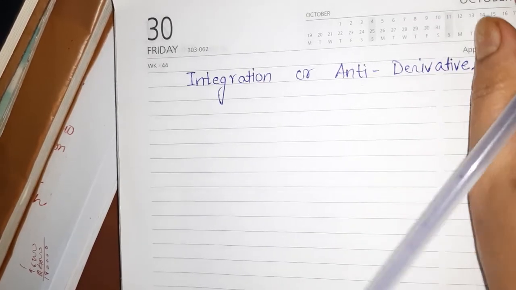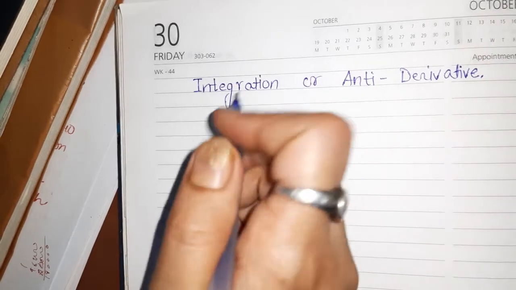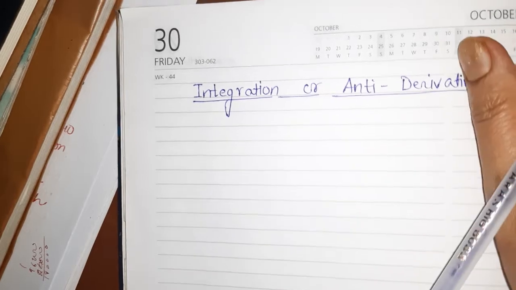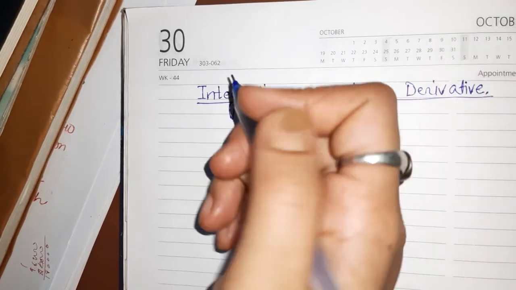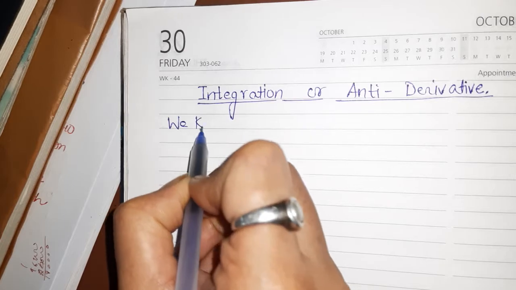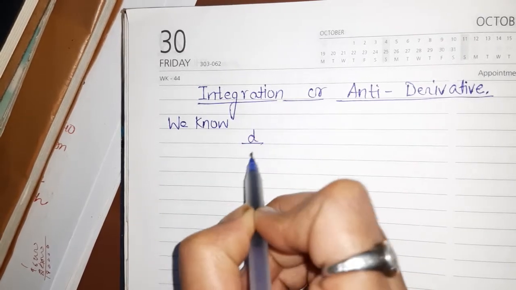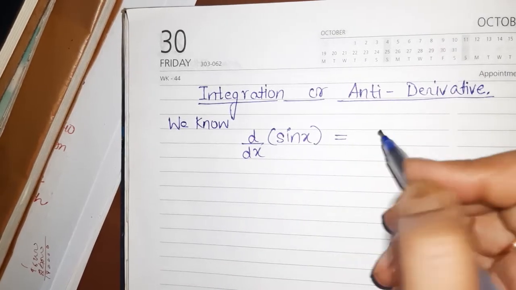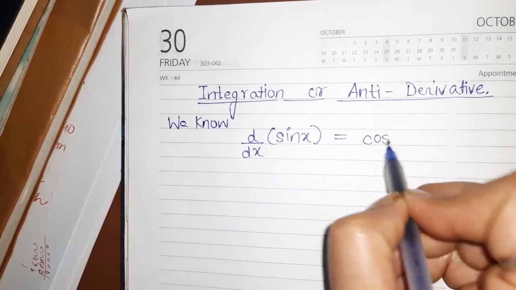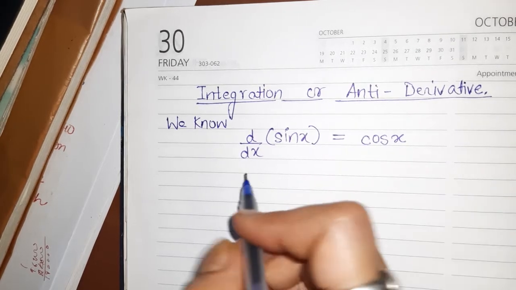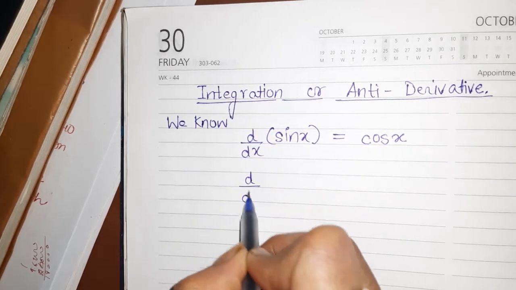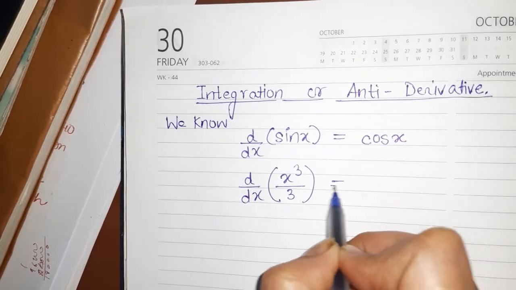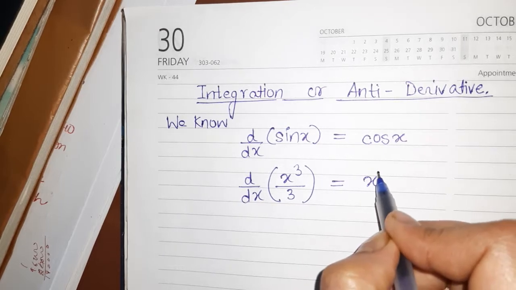Now, I have given you the formulas, you should memorize them. Now let us see, we know d by dx of sin x equals cos x. And differentiation of x cube by 3 is x square.